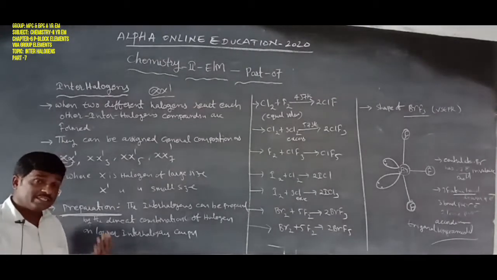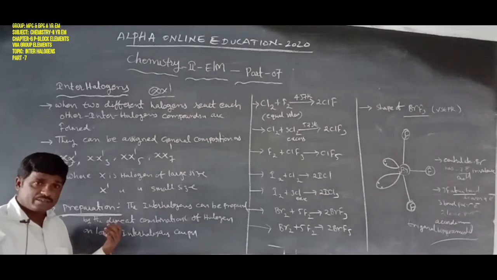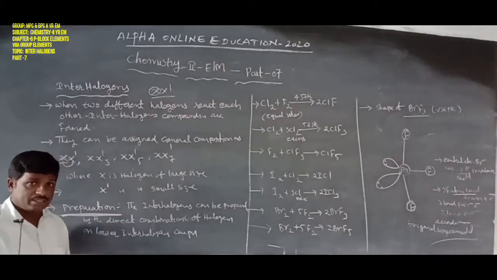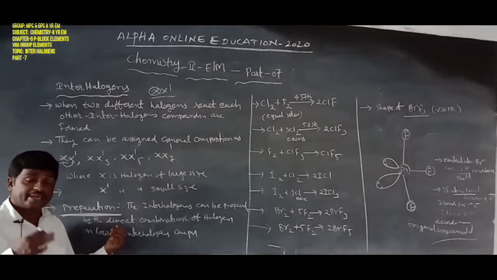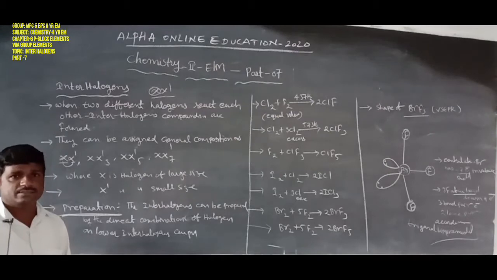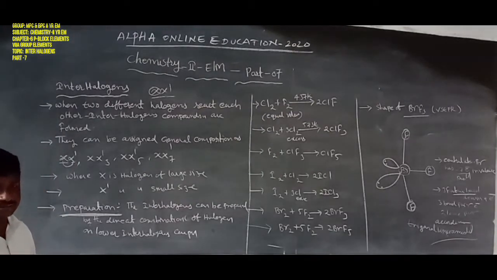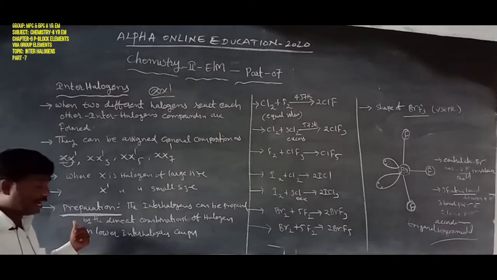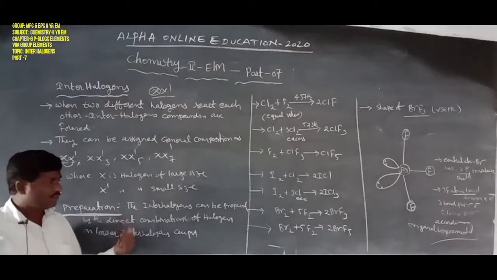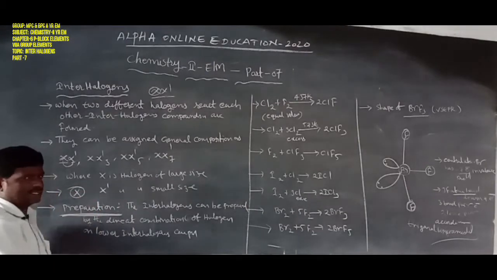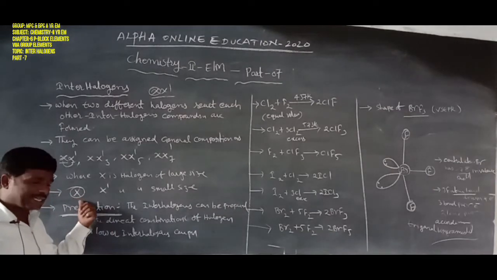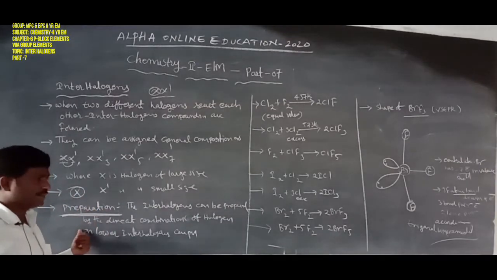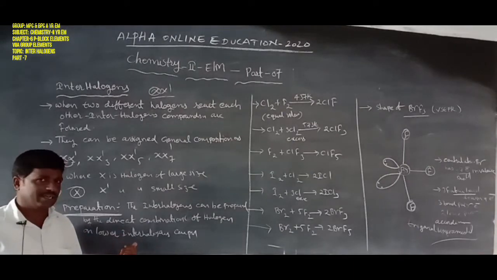The halogen of larger atomic size, by direct combination of the halogen with a lower interhalogen compound, forms the interhalogen.